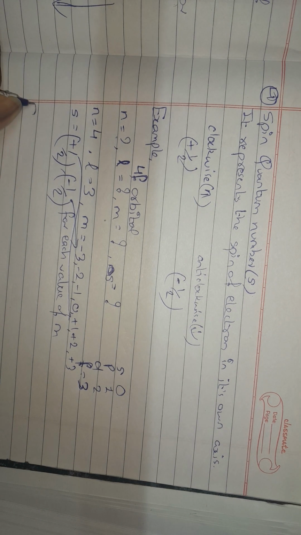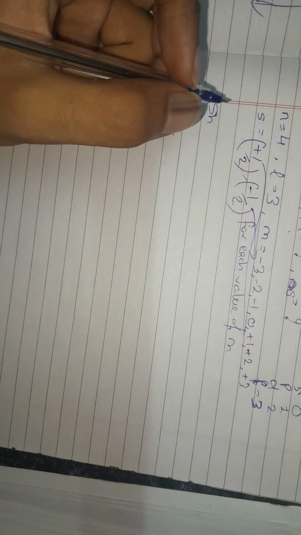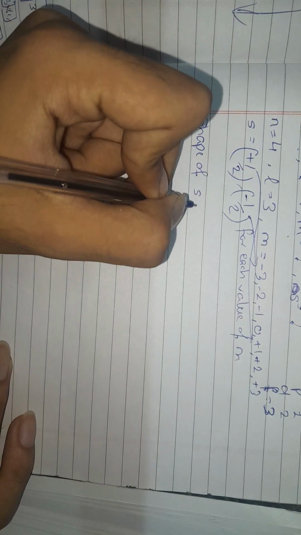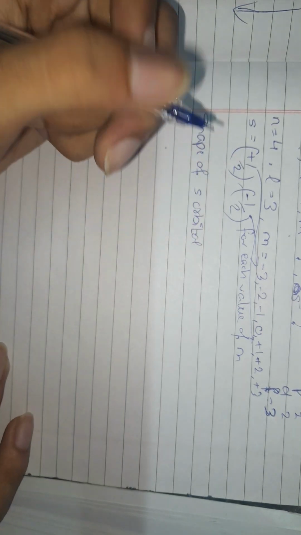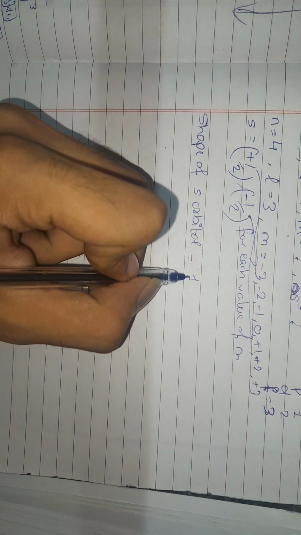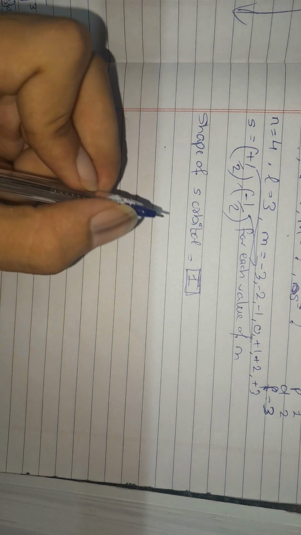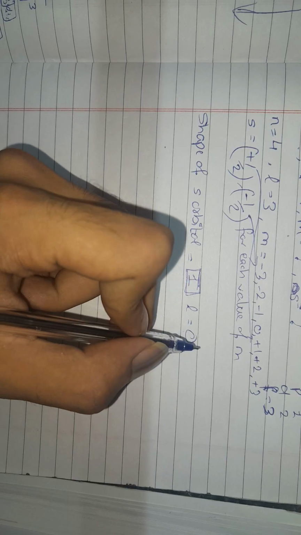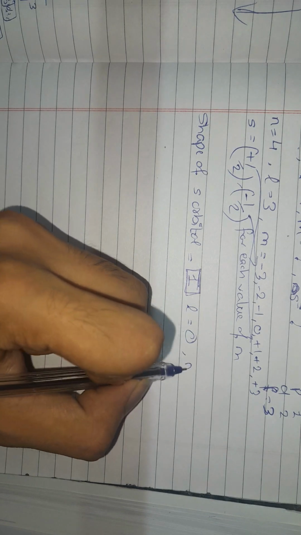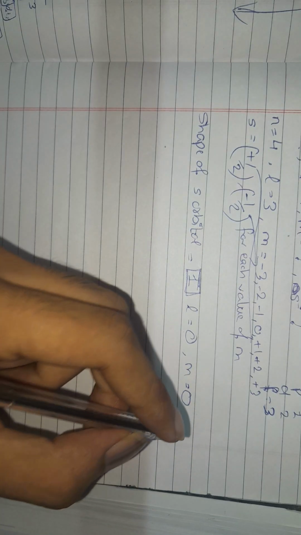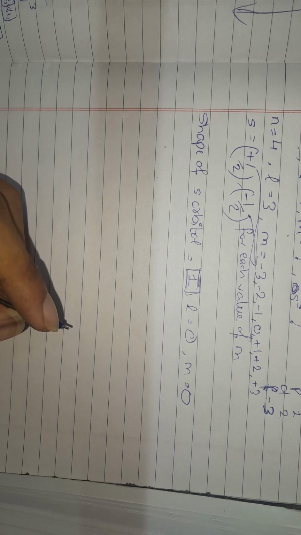For shape, we are going to study the shape of the s orbital. s means first, its azimuthal quantum number is 0 and its magnetic quantum number is equal to 0, meaning it has only one value. So the s orbital has only one orientation.